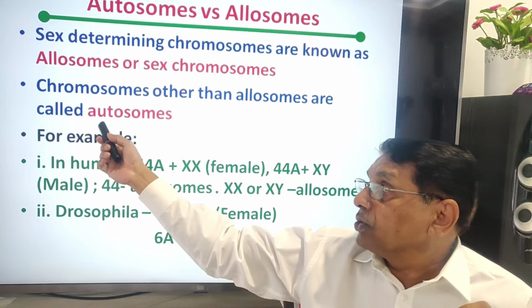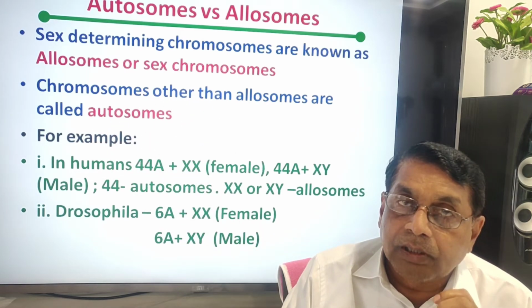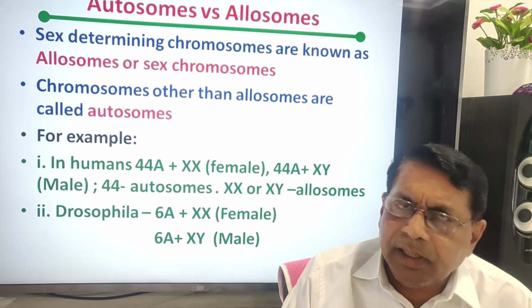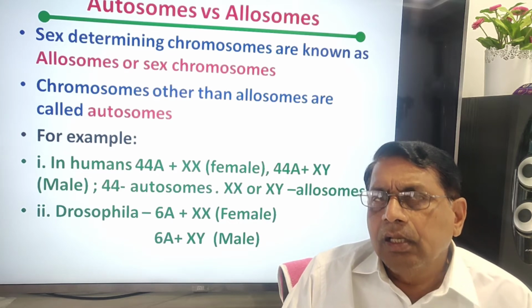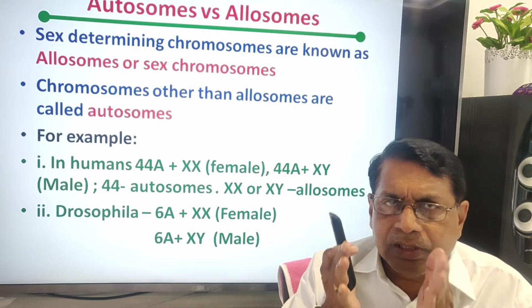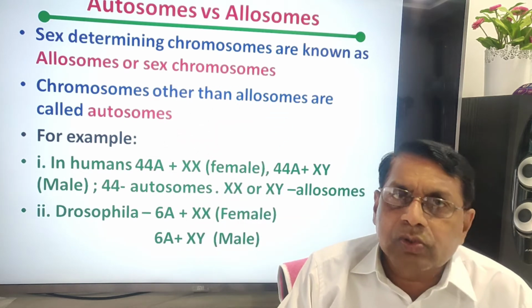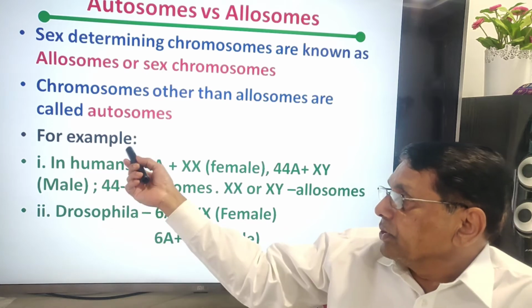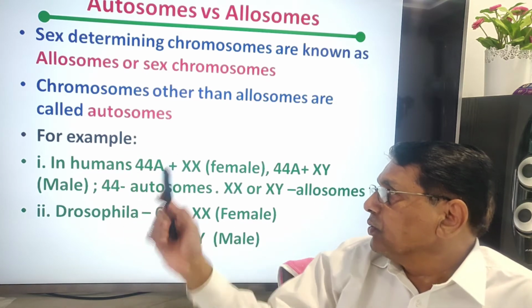Other than allosomes, the rest are autosomes. In many individuals, autosomes are more numerous than the allosomes. Sex chromosomes will generally be a pair, but autosomes will be more. For example, in humans, 44 autosomes.